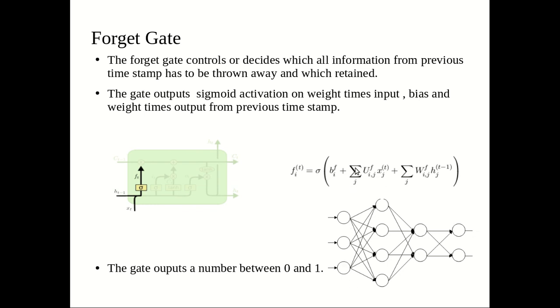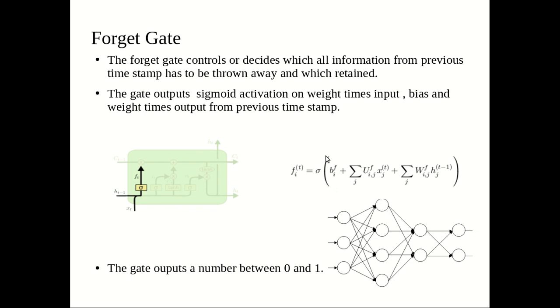U is the weight matrix corresponding to these connections, and Xj is the output of all these j neurons. So this is the summation over Uij times Xj, and then the output from the previous time step, where j here corresponds to the neurons in this layer from the previous time step, and these are the weights corresponding to those connections. So it's the summation over all j of weight times output from the previous time step, and this is the bias associated with this particular cell.